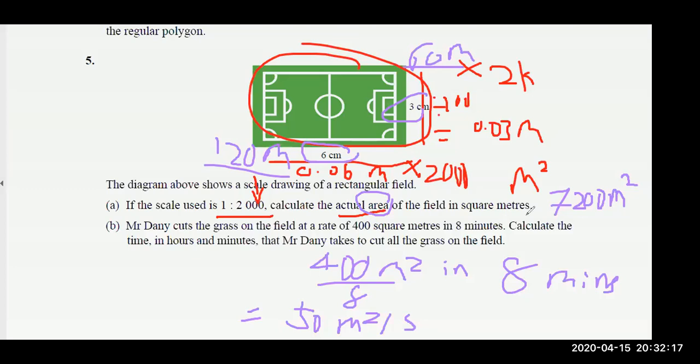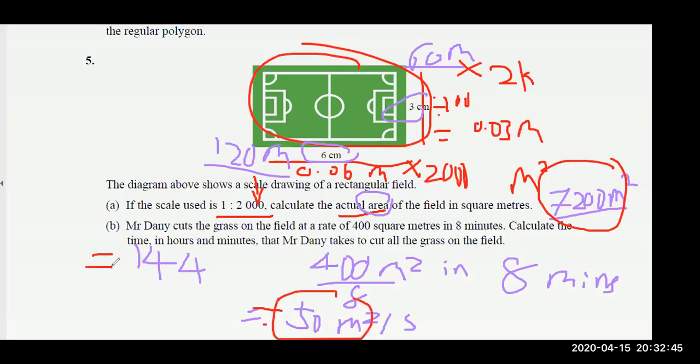So the actual field, the area is 7,200, right? So 7,200 you divide by 50. Then you can get the answer is 144, right? You use this, divide by this, and you get the answer.